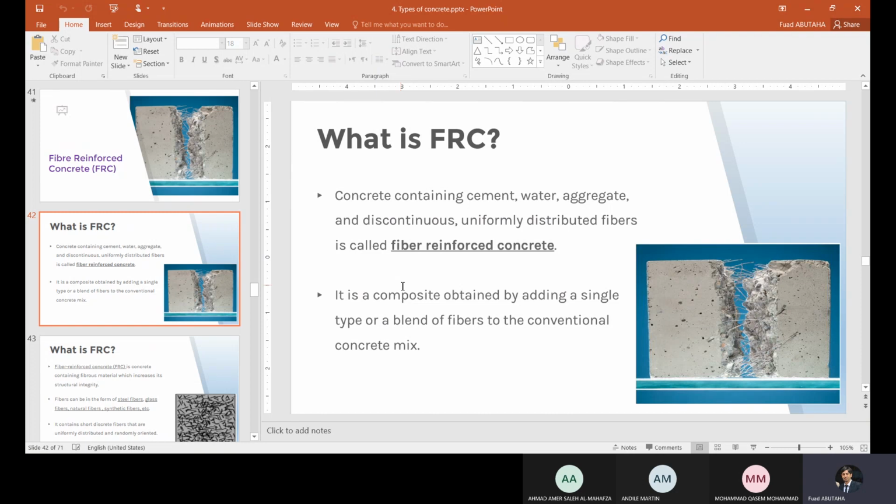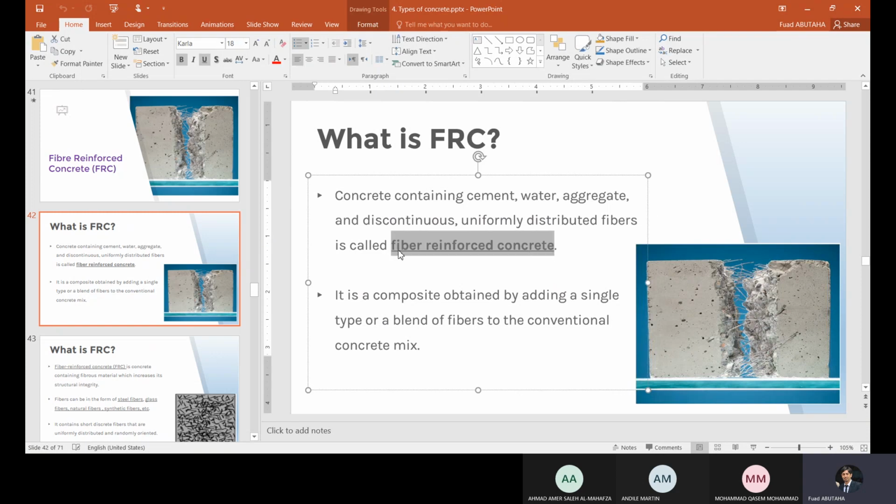So what is fiber reinforced concrete? Fiber reinforced concrete is simply normal concrete with the addition of reinforcing fiber. So it is concrete containing cement, water, aggregates, and discontinuous, uniformly distributed fiber.